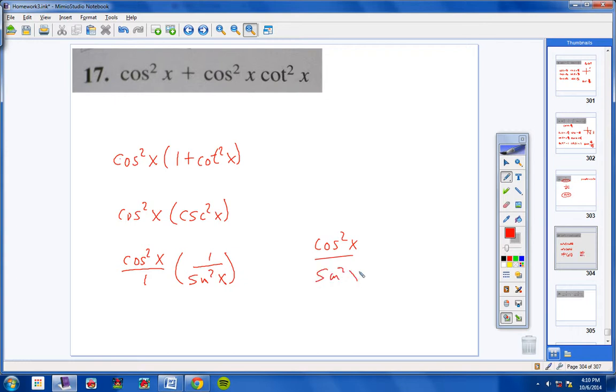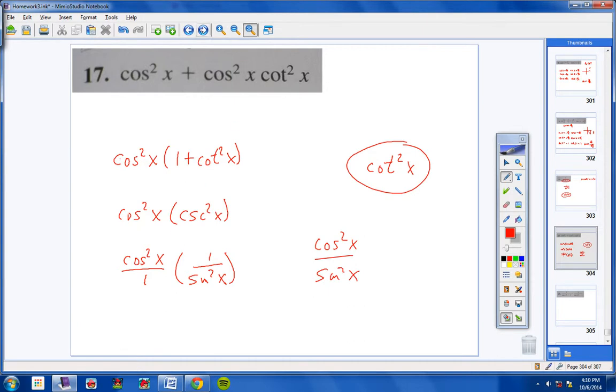Now why would I do this? Because we have a trig identity. It's called a quotient identity, okay? And it says cosine over sine is cotangent. So cosine squared over sine squared would be cotangent squared x. There we go. We simplified it all the way down, okay?